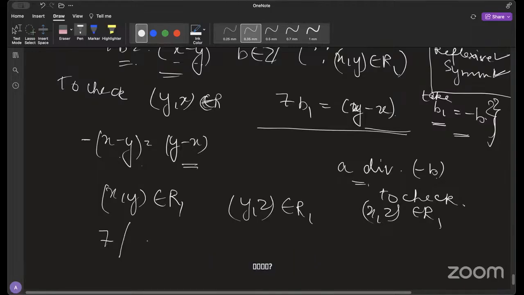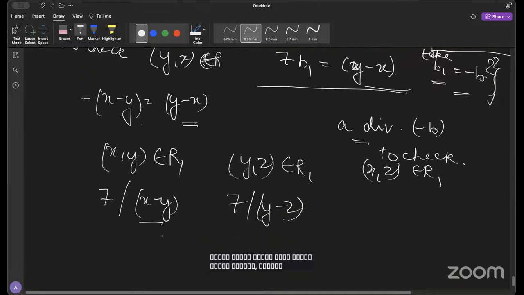So 7 divides X minus Y, and 7 divides Y minus Z, right? Yes, ma'am. So we know that if a number A divides B and A divides C as well, then A is going to divide the sum too, right?